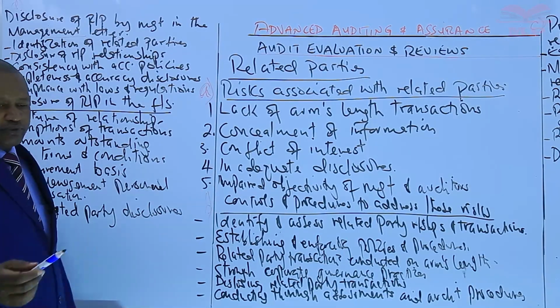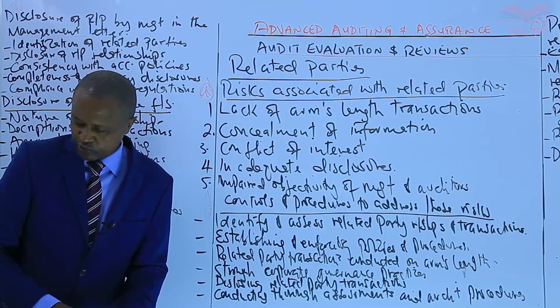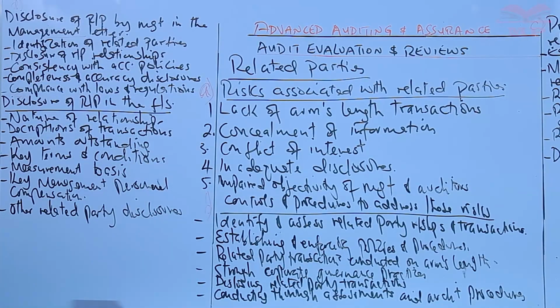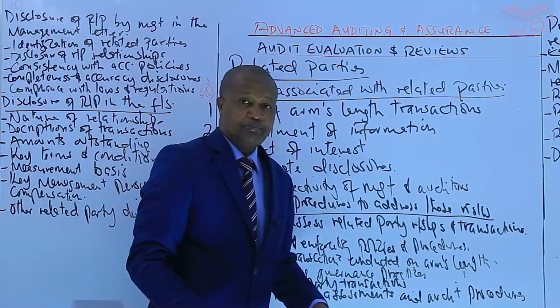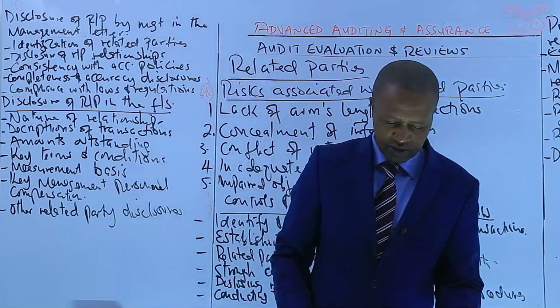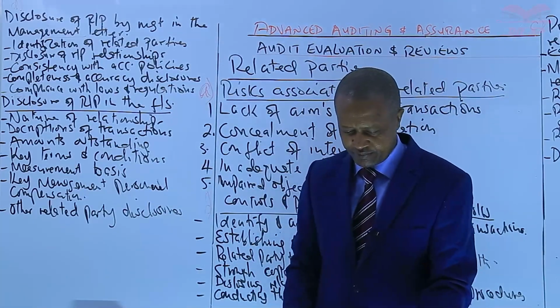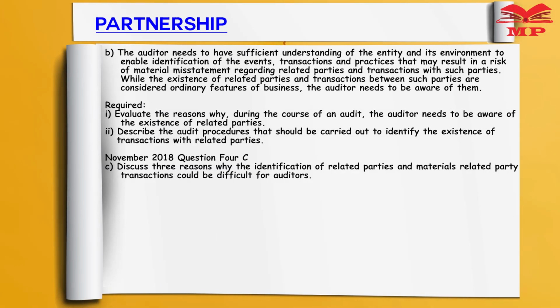Before we bring this lesson to an end, I'm going to give you an assignment. This is a question that was tested in May 2021, question 1B. I'll read it. The auditor needs to have sufficient understanding of the entity and its environment to enable identification of the events, transactions, and practices that may result in a risk of material misstatement regarding related parties and transactions with such parties.